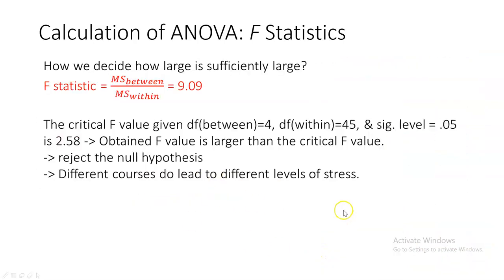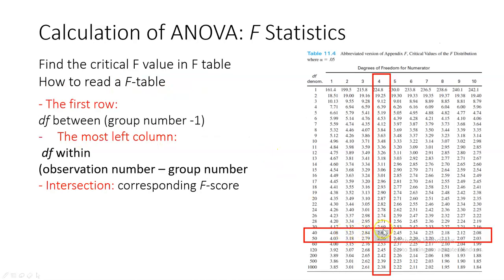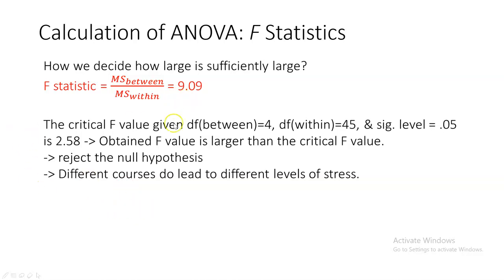So our critical F value with a degree of freedom between of 4, degree of freedom within of 45, at a significance level of 0.05 is 2.58. That is the average of these two nearby values. And our obtained F value, as we worked out in the formula, is 9.09.